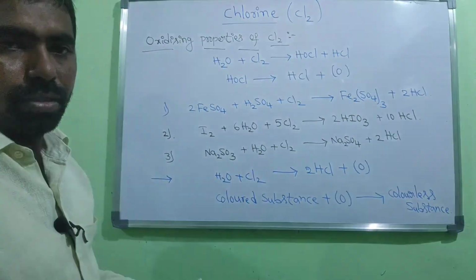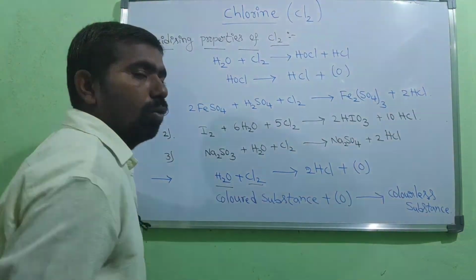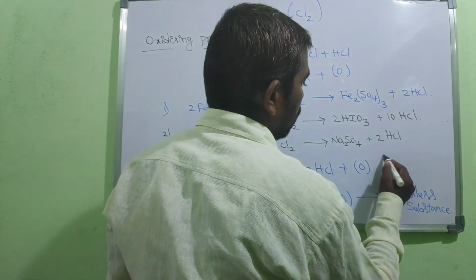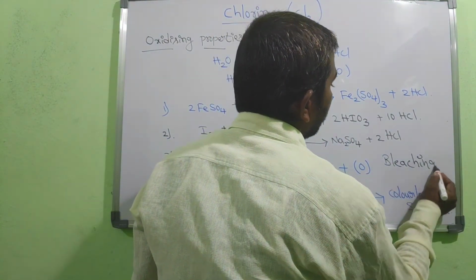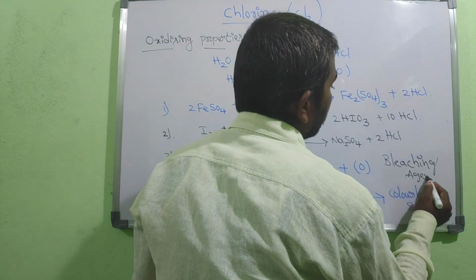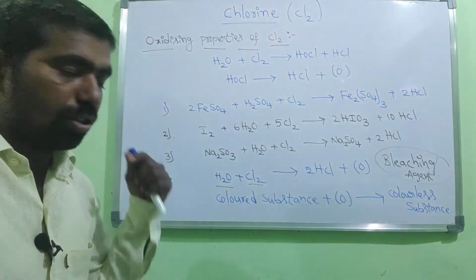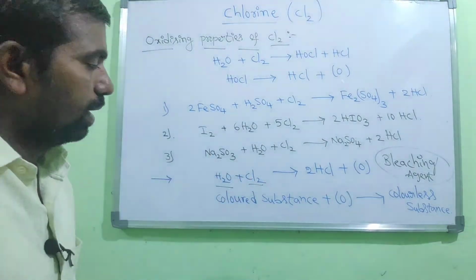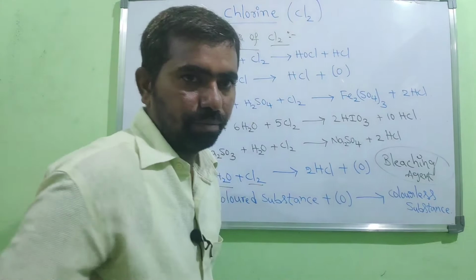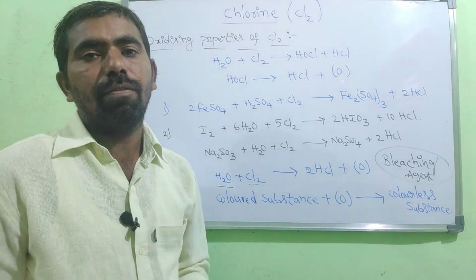So from this we can say chlorine with H2O is used as a bleaching agent. That means it removes the color of the colored substance. So when this mixture is added to a colored substance, it loses its color. So these are some of the chemical properties of chlorine.